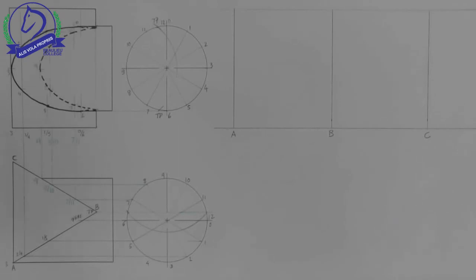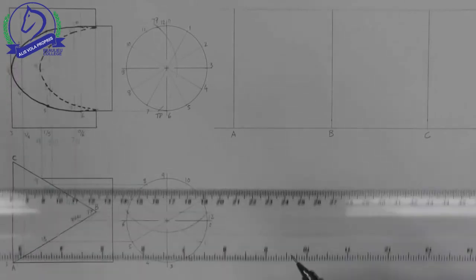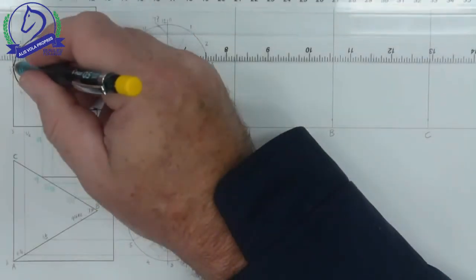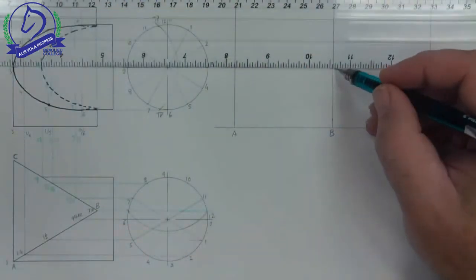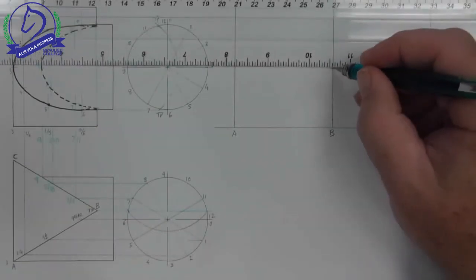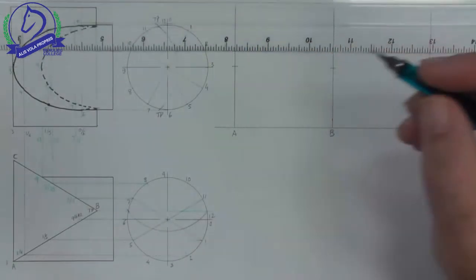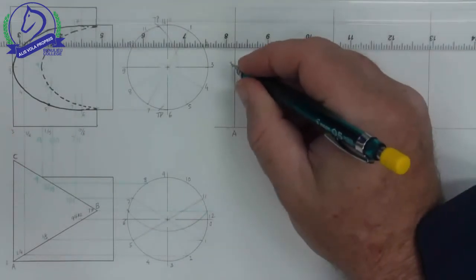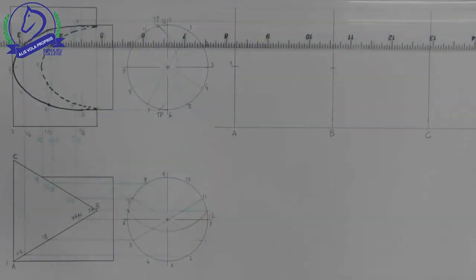Let's get the easy parts first. So at A we've got point 3, so I'm going to project height 3 to cut at A. So that gives me point 3.